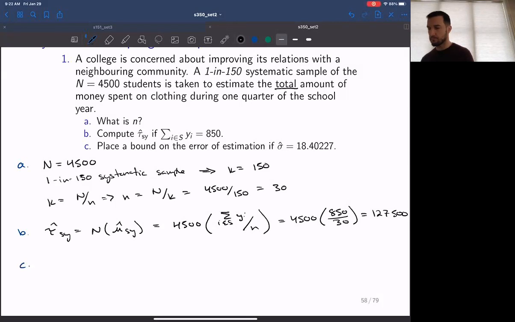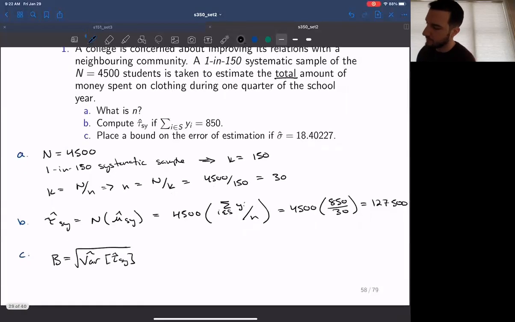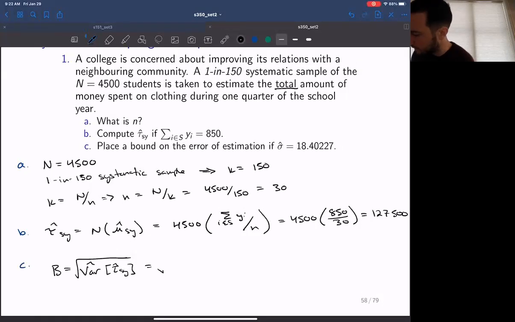Right. And then the last thing we want to do is bound our estimate for the total. So the bound is going to be capital N multiplied by the square root, or I guess here I'll write it out a little bit more formally. It's going to be the variance of tau hat sy. So this is going to be the square root of N squared.